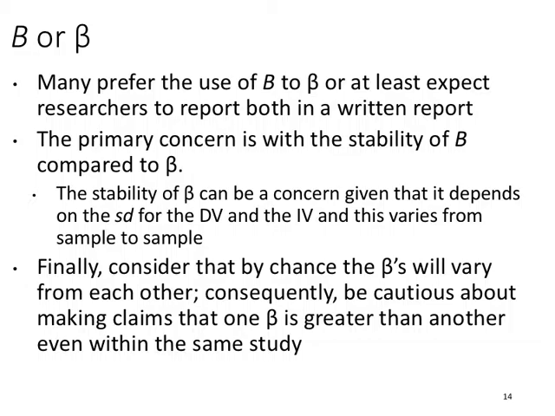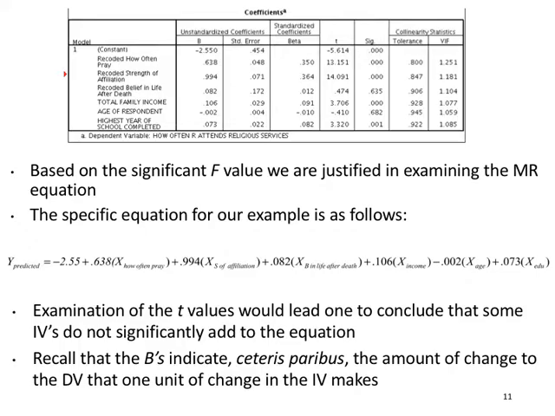And it really is because there's an interpretation there that once you understand it, is intuitive, and people that look at this for a living, like a lot of scientists do, they just want B. And then beta can be unstable in some cases, given that we're using the standard deviations from a dependent and an independent variable for its calculation.